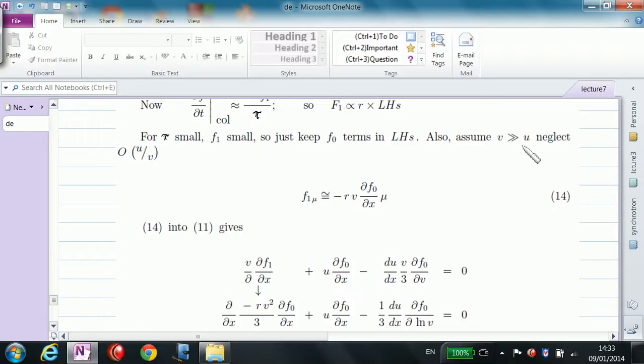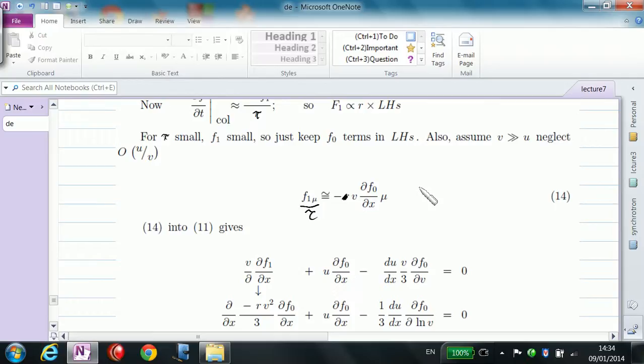I'm going to assume that v is much greater than u and neglect terms of order u over v. And then this is the collision operator. It's roughly equal to this, v times df dx mu.